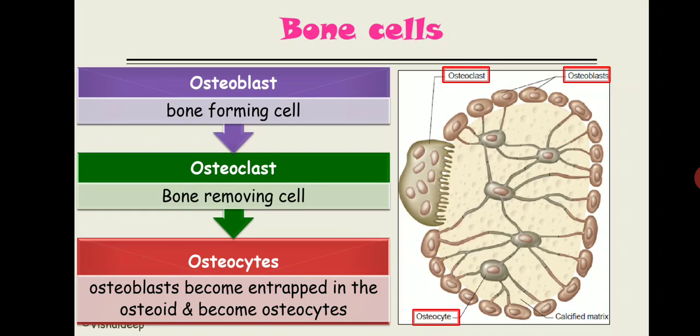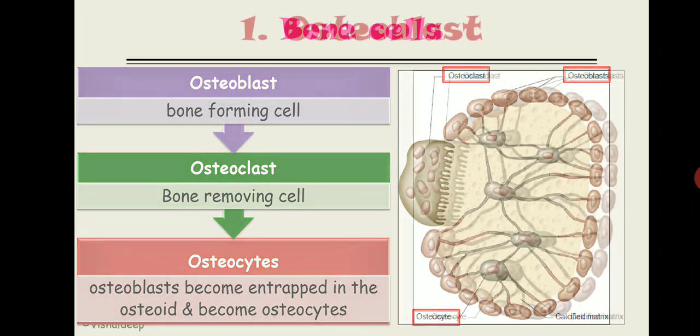So osteocytes are osteoblasts, but they are entrapped somewhere, right? These osteocytes were once osteoblasts, but then they became osteocytes, right? Now let's discuss these three bone cells one by one.